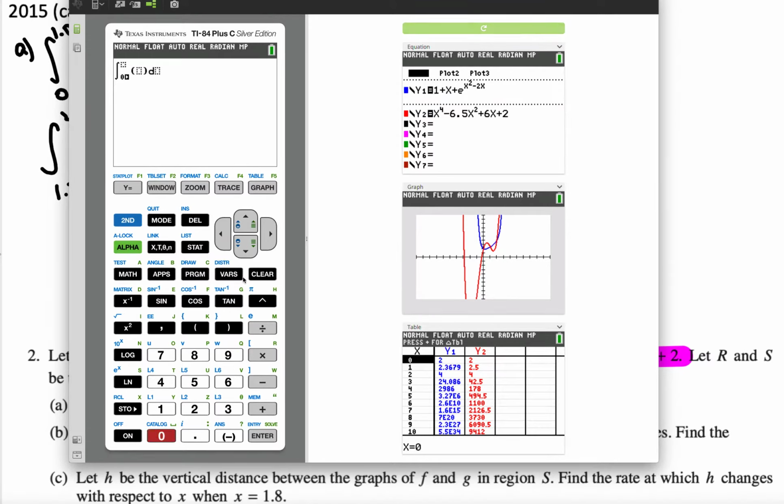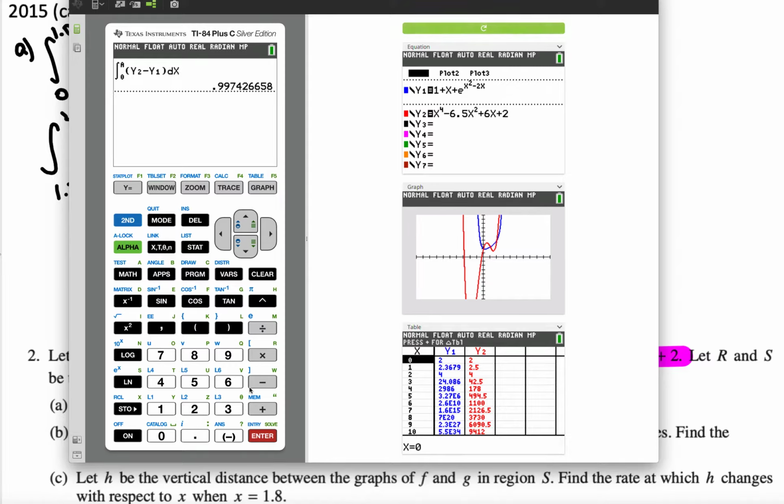It was from 0 through a, alpha a. And then initially it was what? The red one minus blue one. Red one was just y sub 2. So this one, number 2 minus number 1, and then dx. So that should give me some value.